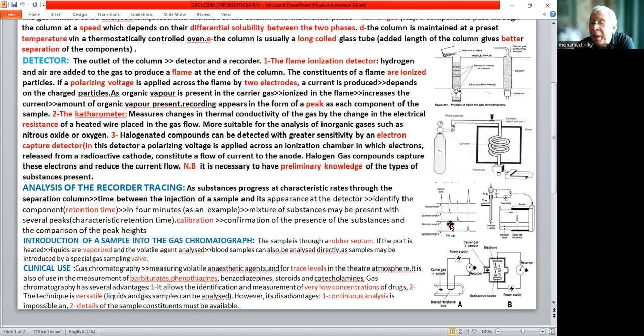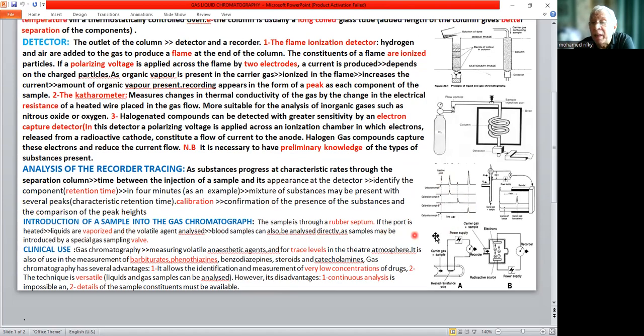We know from calibration that after 5 minutes, suppose what will be realized is, I'm sorry, oxygen. So we can say that this peak is also oxygen, and we can compare the two heights, and accordingly we can know the amount of oxygen present. And these are the other calibrations for different constituents of the mixture.